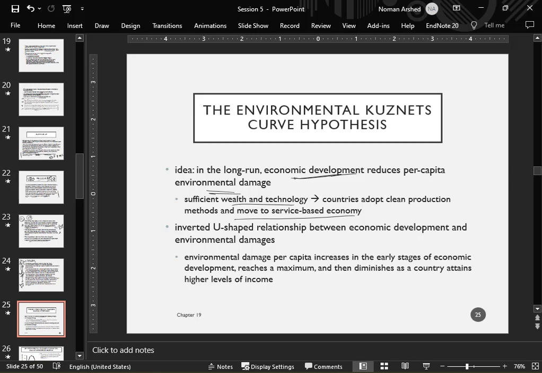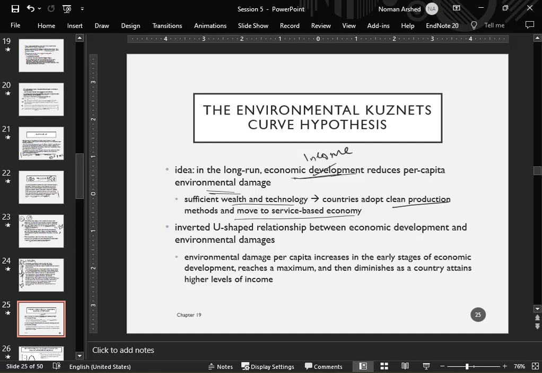What does it mean? If you have more income, you will be able to afford clean products which are not environmentally harmful, or move to a service-oriented economy where there is not too much production in the system, so it will tend to reduce environmental damage.